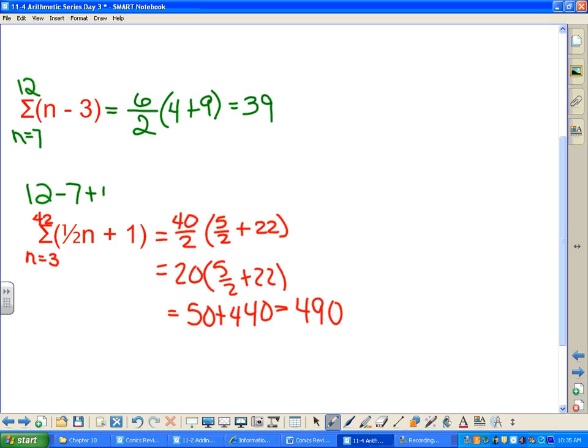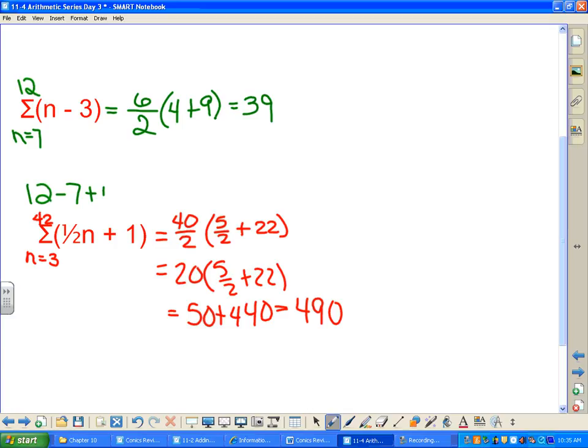Is that what you got? Yeah. All right. You see how that's working? Okay. Where'd the 22 come from? Remember, this is the first term, and it's what you get when you plug in the lower bound. And then this one is the last term, and that's what you get when you plug in the upper bound.